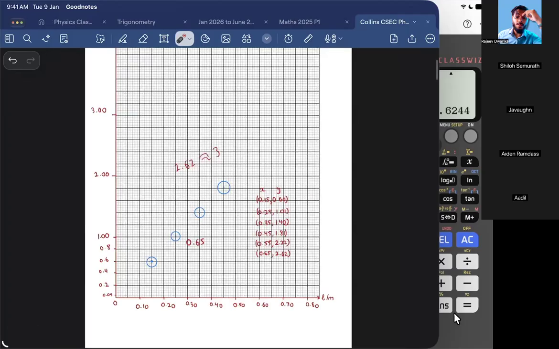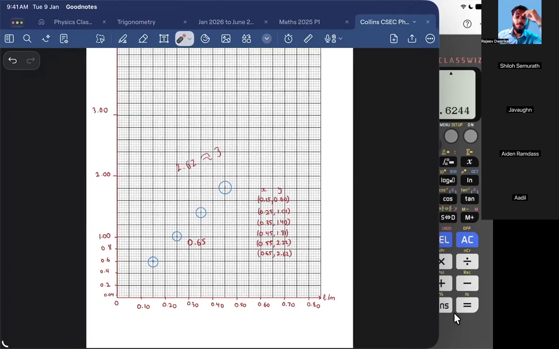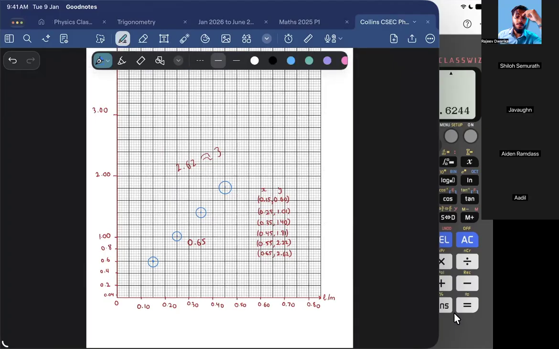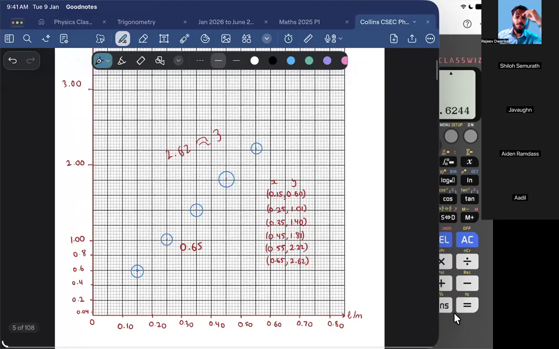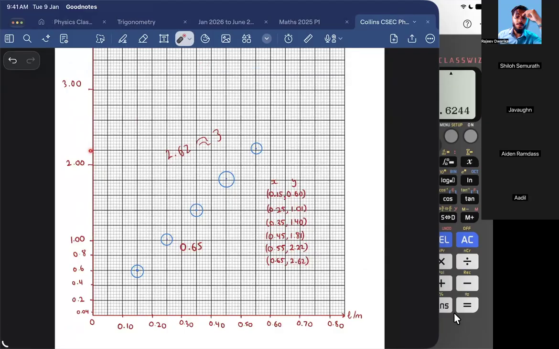And then we have 0.55, 2.22. So 2.2 would be over here and 2.22 right here. How you feeling about that? Because this is 2.2 and every small block is 0.04, so 2.22 will be right here. Yes, sir.